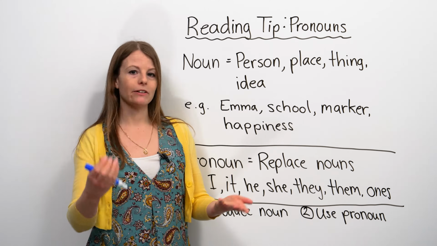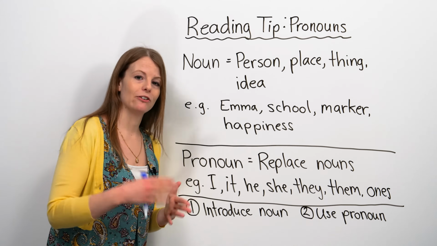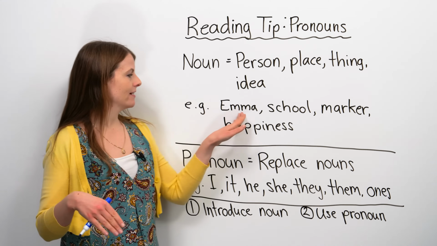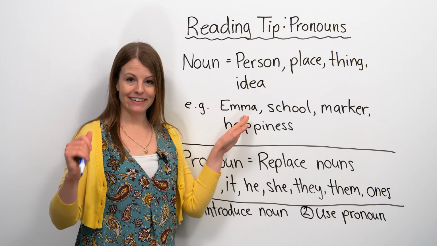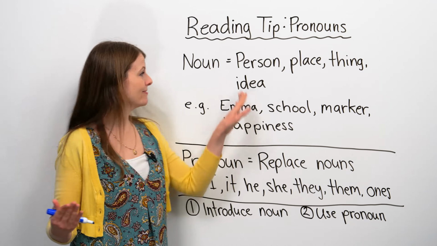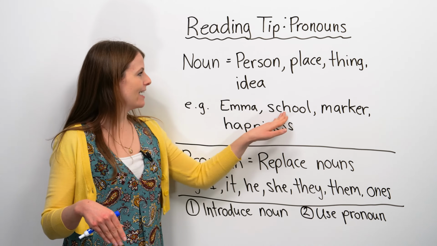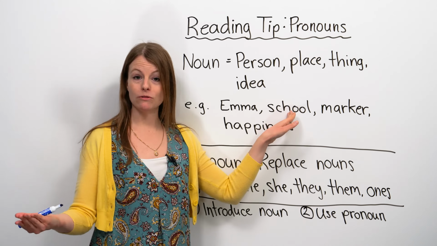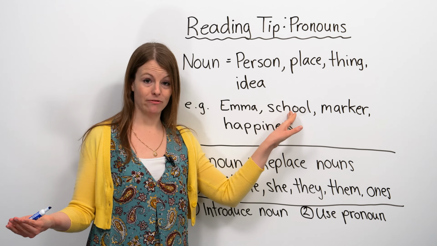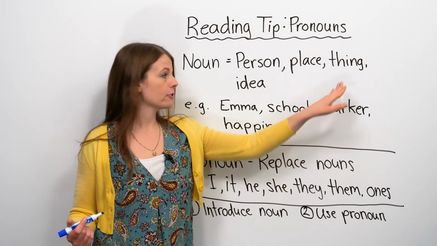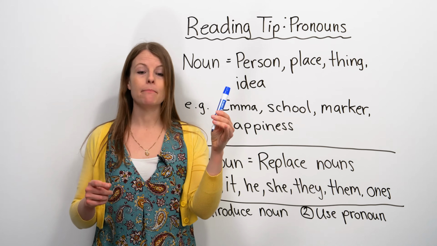I'll give you some concrete examples so you can understand what I'm talking about. My name is Emma. Emma is a noun. A person is a noun. Place, school. The word school is a noun. In terms of thing, I have here in my hand a marker.